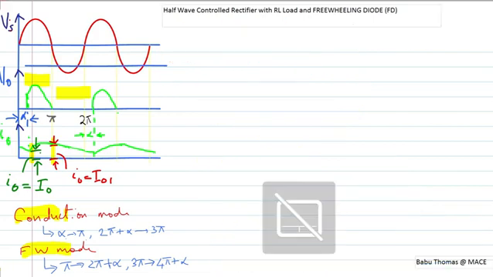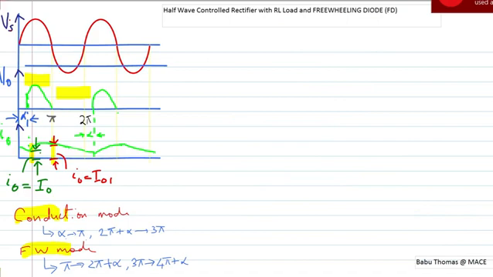Now we are going to discuss the freewheeling mode of conduction, from pi to 2 pi plus alpha, and again repeating from 3 pi to 4 pi plus alpha. We have already defined that at pi the current I0 is I01.